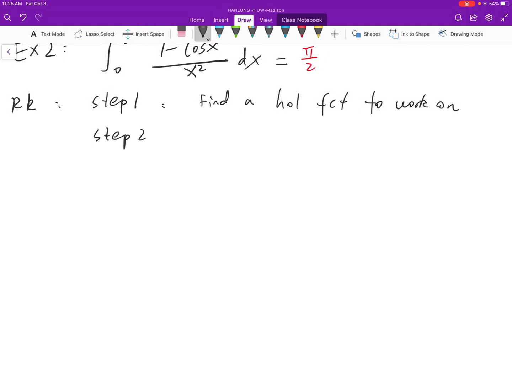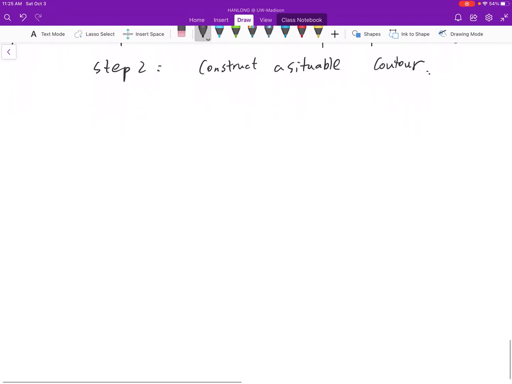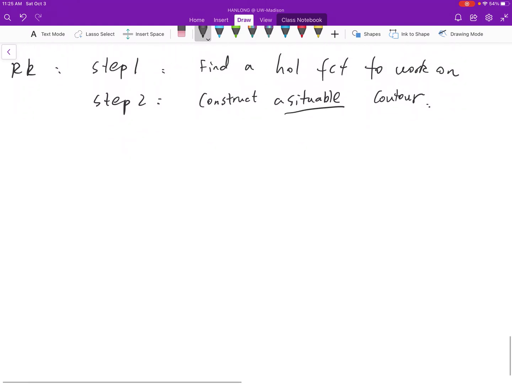Step 2 is construct a suitable contour. Suitable contour means you need to be able to calculate something and control the error.